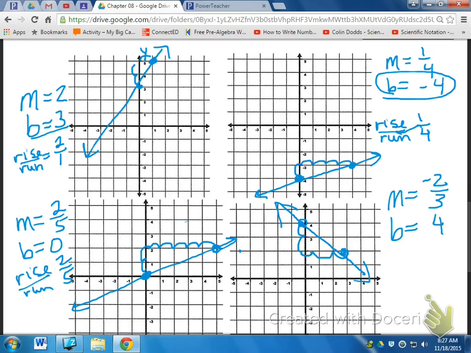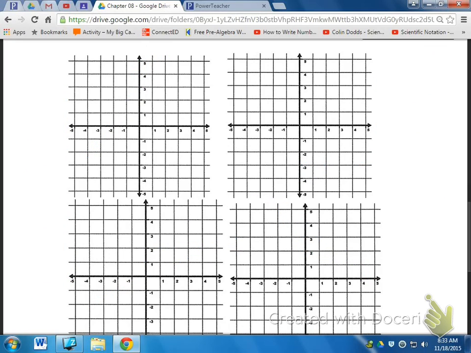Okay? I do want to talk about the one that was y equals 7, only we don't have 7 on our graph. So I'm going to change it, and I'm going to say y equals 2, just so that you can see. What is the slope when it's just y equals some number?